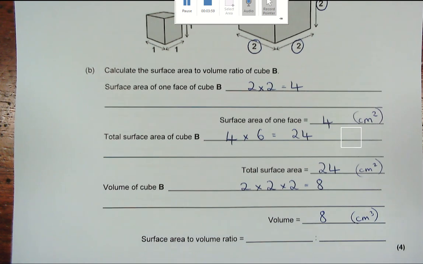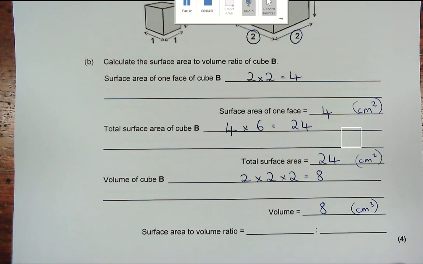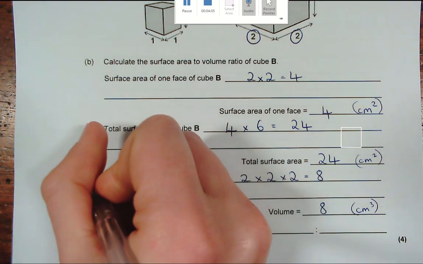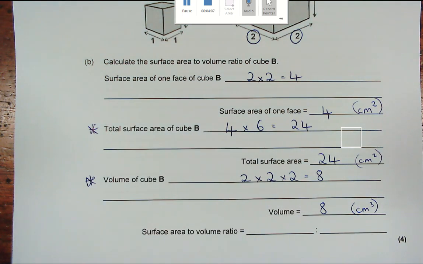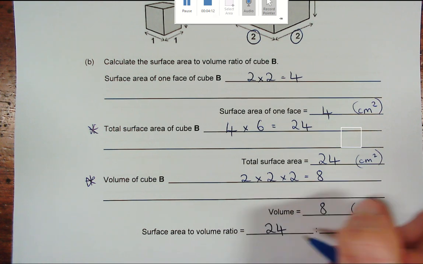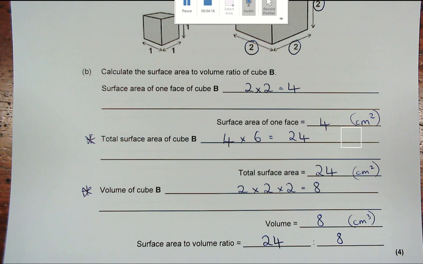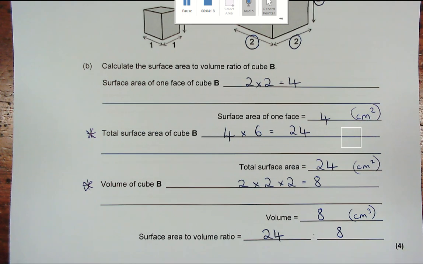Okay, so my surface area to volume ratio, I need to use the total surface area of the cube and the volume of the cube. So I've got 24 to 8. Now in questions like this, our best answers put this as a ratio where the volume is 1.